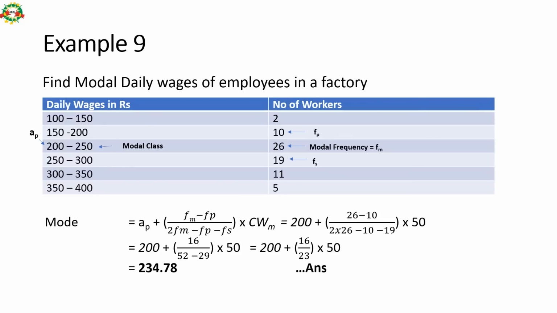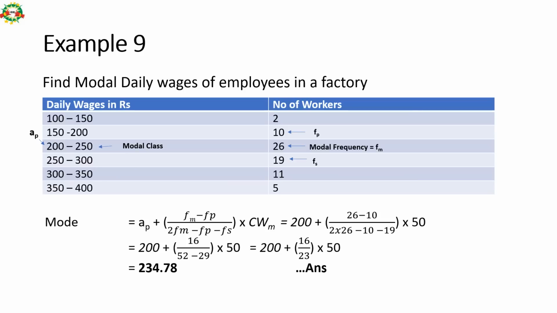Here in this example, we have daily wage classes and the number of workers working in each daily wage class interval. First we have to find the modal class, with the maximum frequency, which is 26. So this is the modal class. The lower limit of the modal class is 200, AP. Then FM, the modal frequency, is 26.